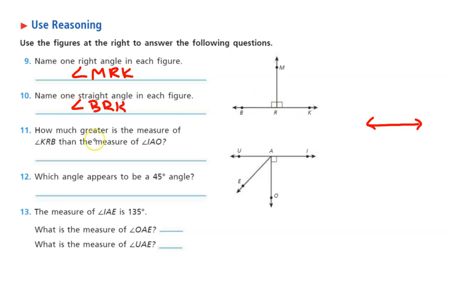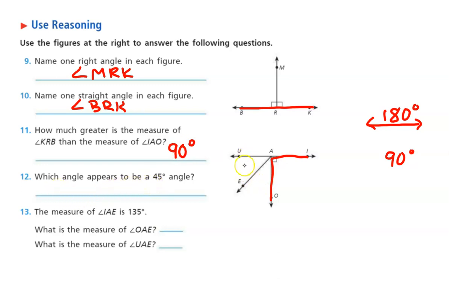For number 11, it says how much greater is the measure of KRB than the measure of IAO. So here's IAO, and then it says KRB. Well, here we've got 180 degrees for a line, and then our right angle is 90 degrees, so the difference between those two is just simply 90 degrees, okay? And then it says which angle appears to be a 45 degree angle.